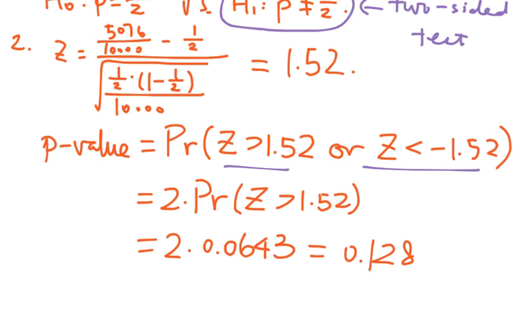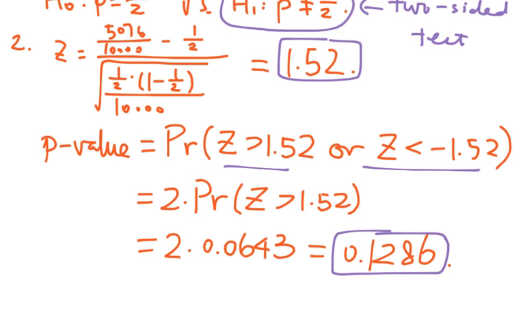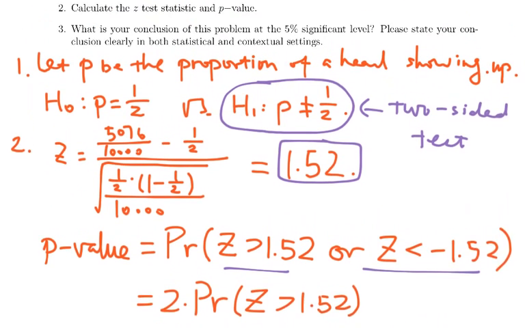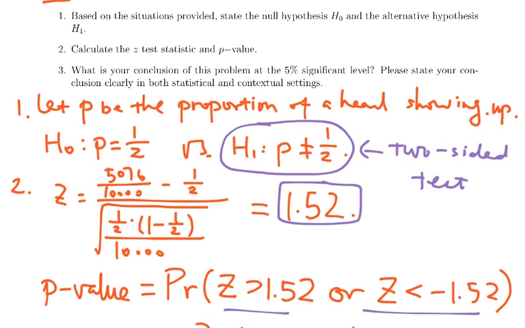Alright, now for the third part, what is your conclusion of this problem at 5% significance level? State your conclusion clearly in both statistical meaning and contextual settings.